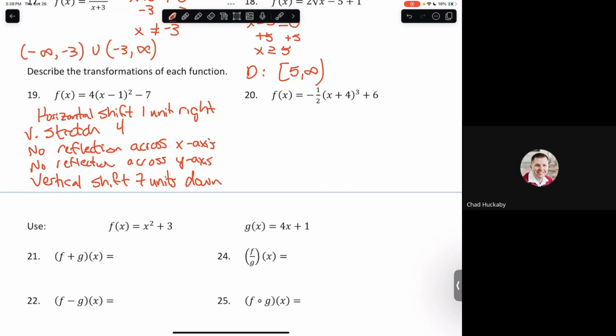Okay, on number 20, the first thing I look at is the inside of the function there, where we have that +4. So we have a horizontal shift four units in which direction? Left. 4 units left.